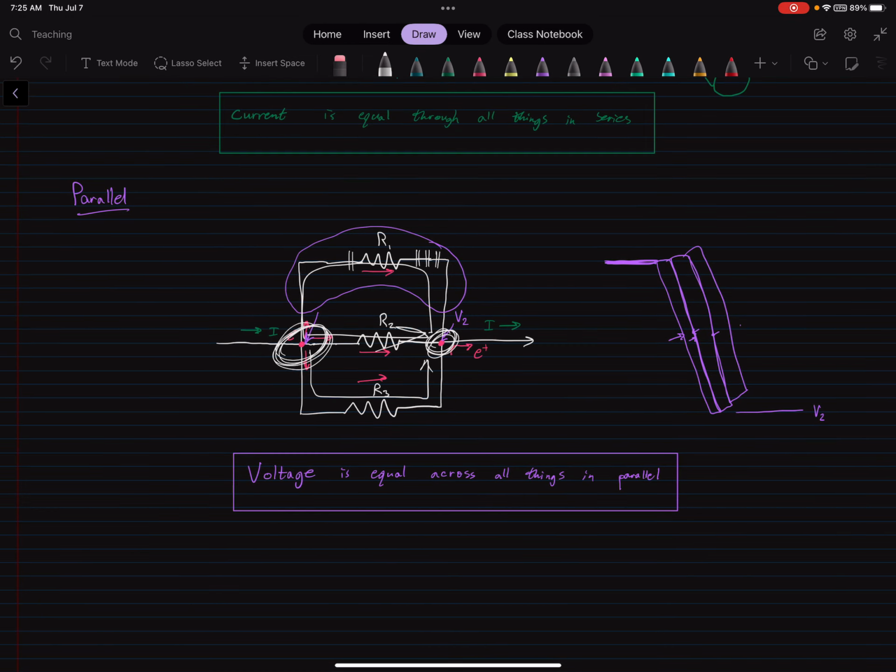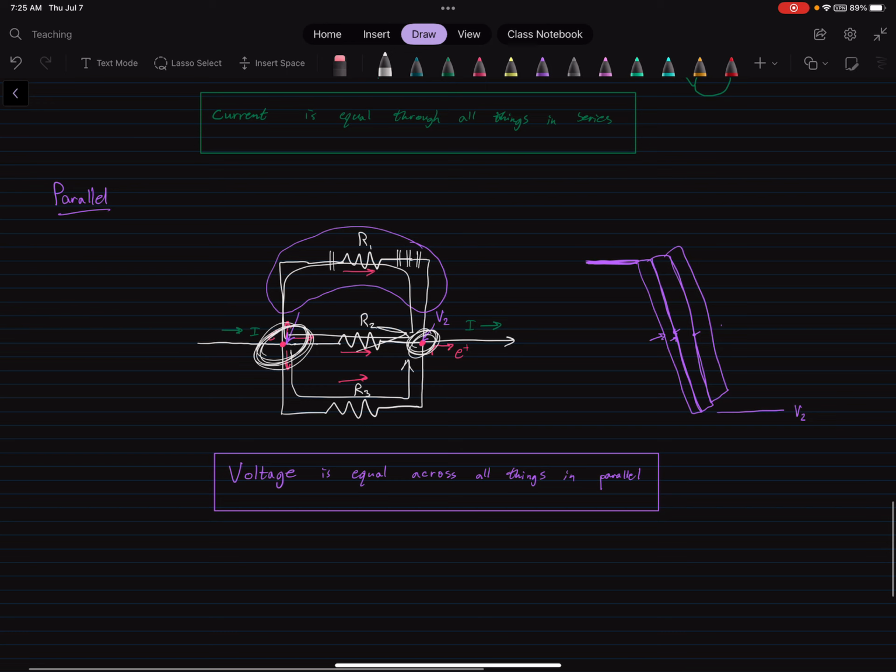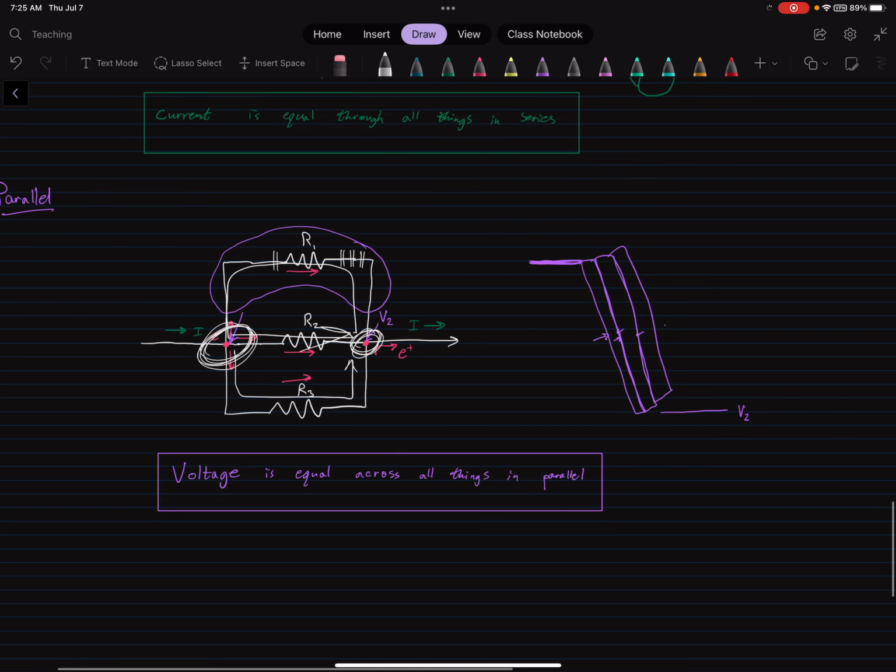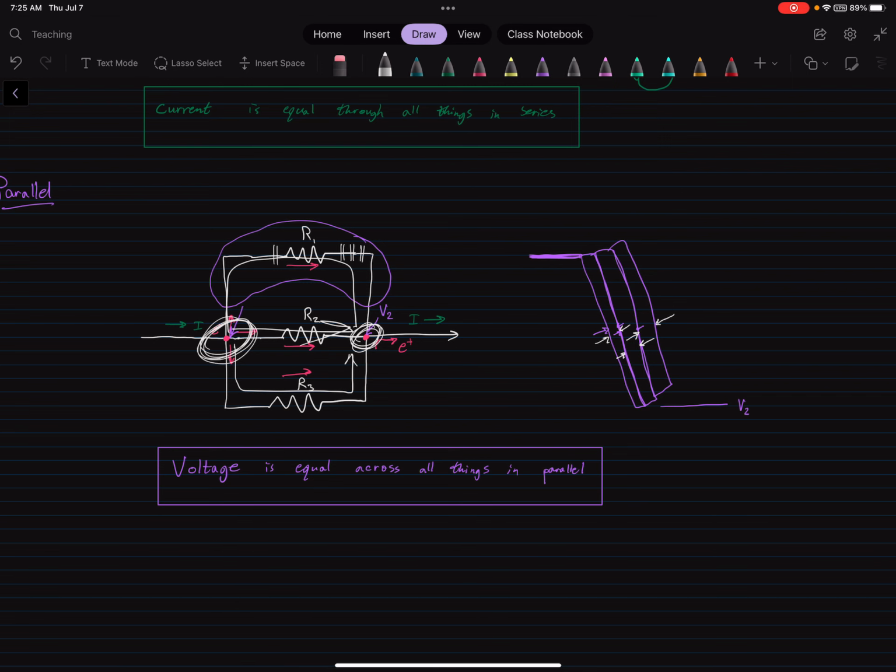And so these are 3 quote-unquote series segments that are in parallel with each other. And those series segments have a given amount of resistance, which determines the width of their quote-unquote pipe in the analogy. So that's the way to think about that stuff.